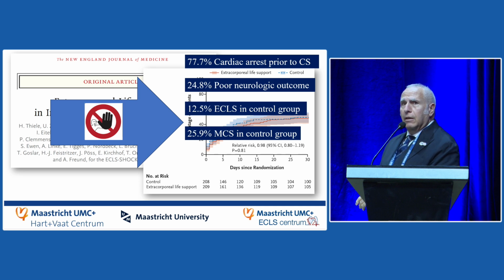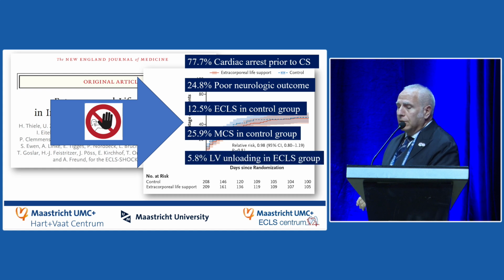So was it ECMO versus MCS or ECMO versus medical therapy? I didn't understand. Less than 6% of unloading.